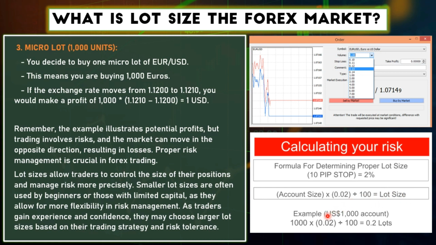Different from that, my own calculation is this: imagine you bought at this price and you make a profit at this price, and you use the micro lot size of 1,000 units. You subtract the price you bought at from the price you sold at, and you multiply it by the micro lot units you used. This is the amount you are going to get.